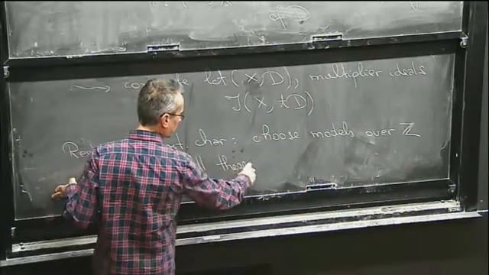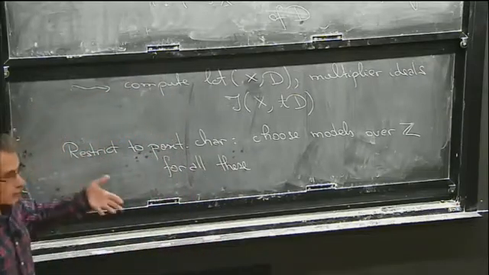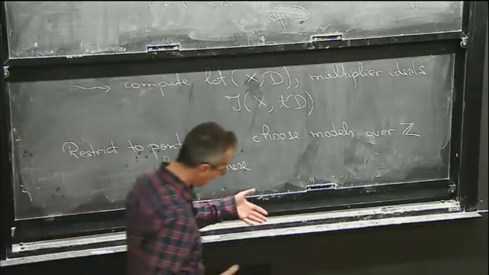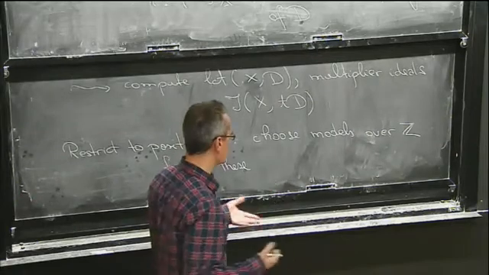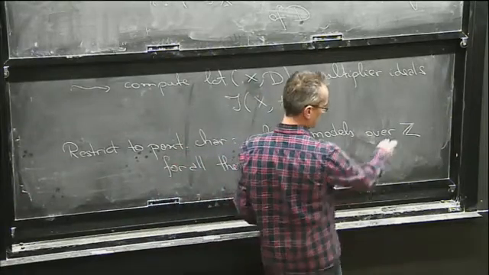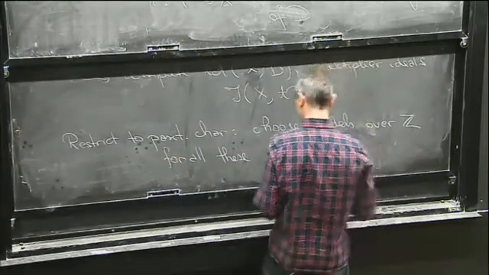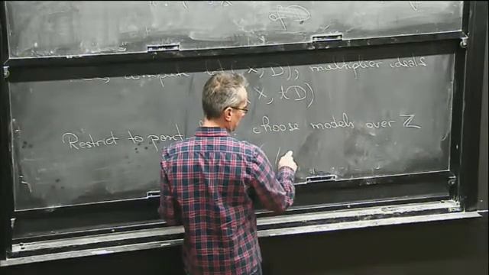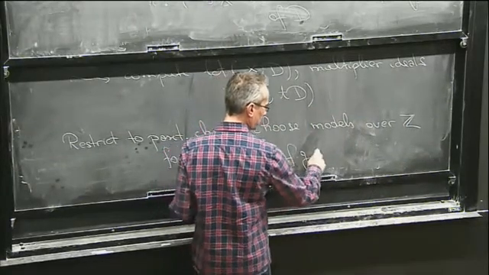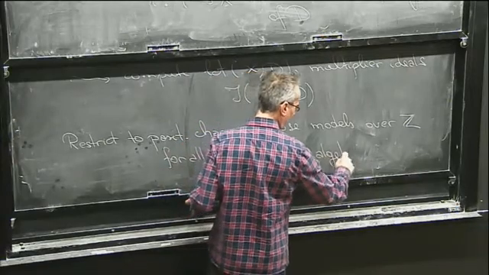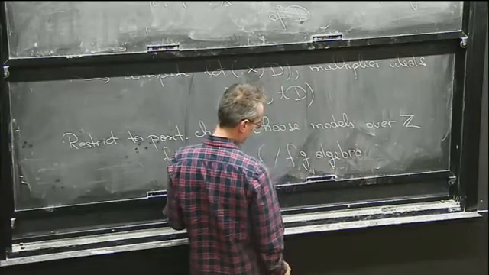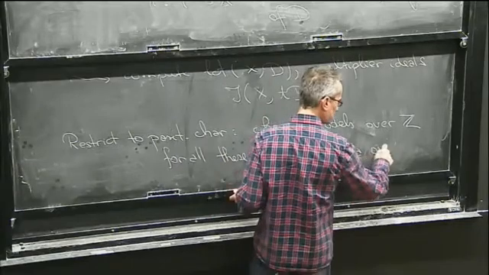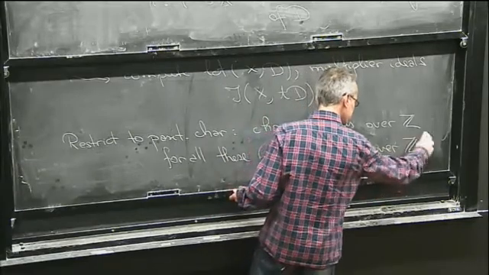Of course, if I work over Q bar, or over some arbitrary field of characteristic 0, I might need to work not over Z, but over some finitely generated algebra over Z. But I won't worry about these subtleties.